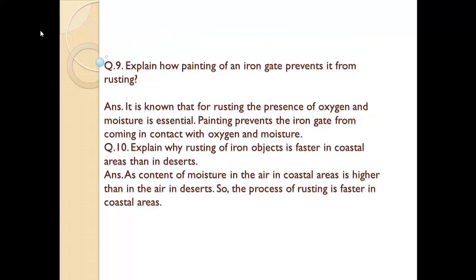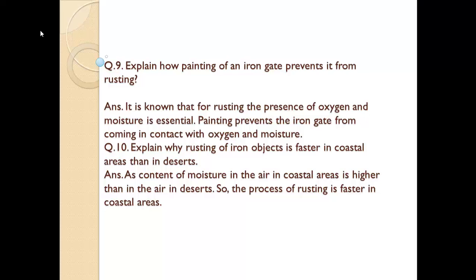Question number 9. Explain how painting of an iron gate prevents it from rusting. So we know that rusting is a chemical change in which iron will combine with oxygen and moisture. So when an iron article is painted, actually we are preventing the contact of iron with oxygen and moisture. Therefore, painting will help to prevent rust.